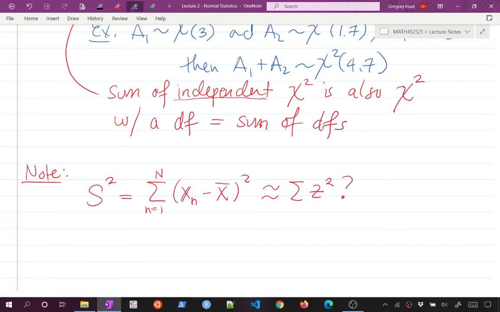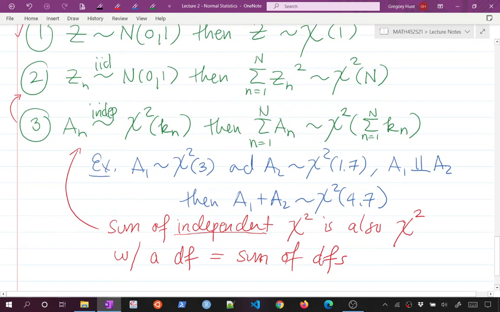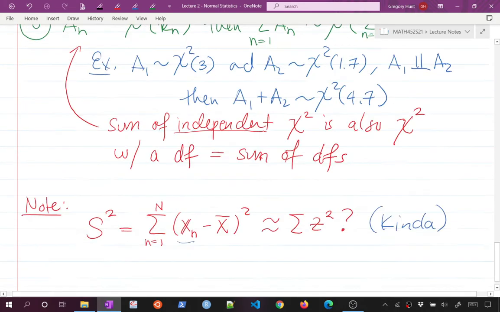Not exactly, but kinda. This at least gives you some intuition for why it makes sense that s squared should have a chi-squared distribution. Because if the x's, these little x's are normal, and we can kind of fudge it and pretend that x minus x bar is normal. It's a whole other discussion. It's kind of like a sum of squares of normal things.